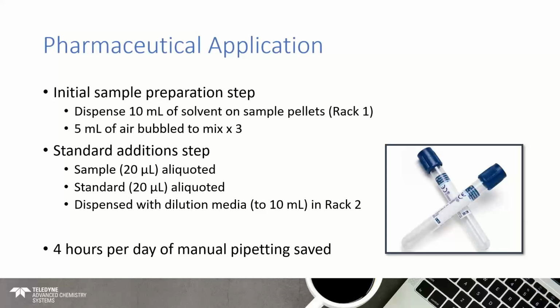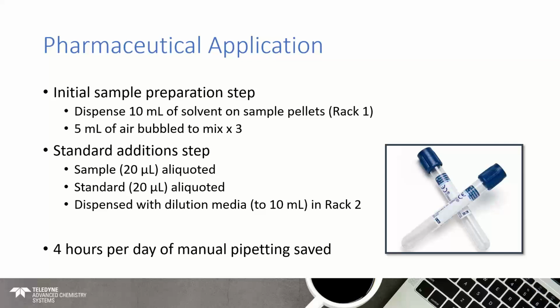There's also a pharmaceutical application that we have been working on recently. In this case, we have some sample pellets which need to be dissolved into a solvent. In the first rack of the automation, we have our sample pellets, and we use the SimPrep system to dispense the solvent onto the sample.